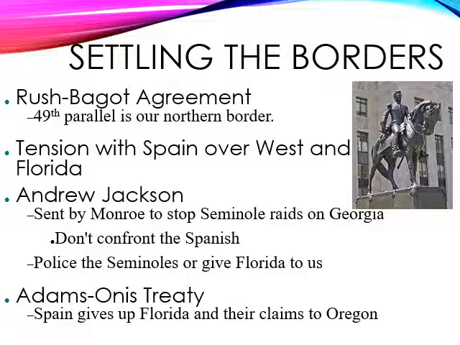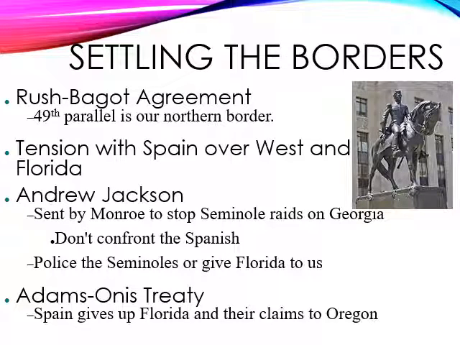And so we agreed that the 49th parallel was going to be our northern border, and that's the border that you think of right now, where the line is straight in the western part of our country. That's the 49th parallel, and I'll show you it on the map on the next slide.